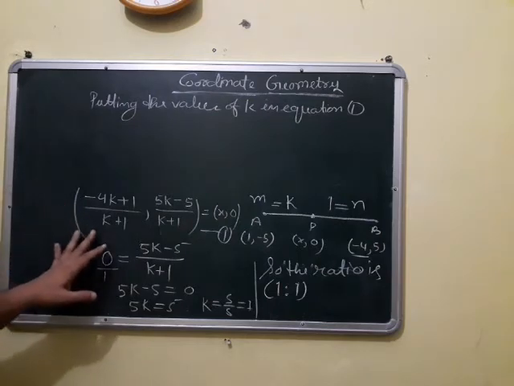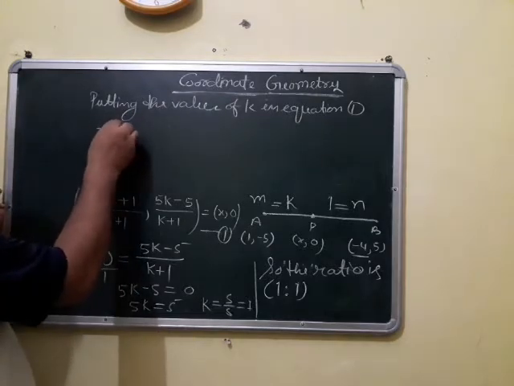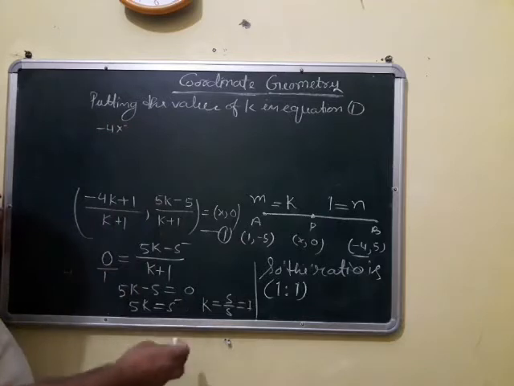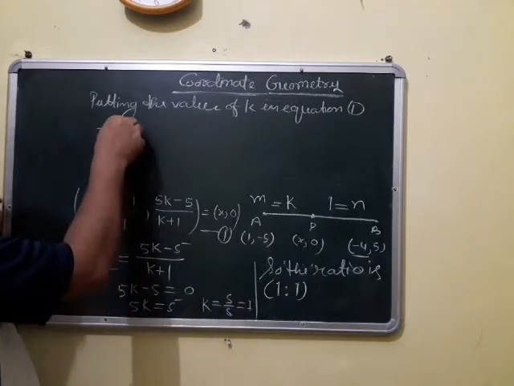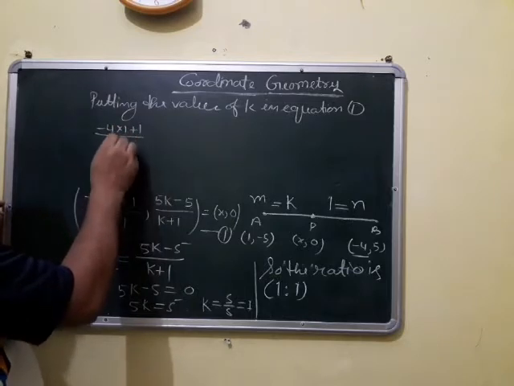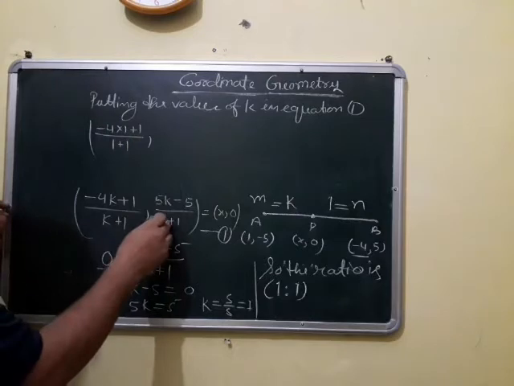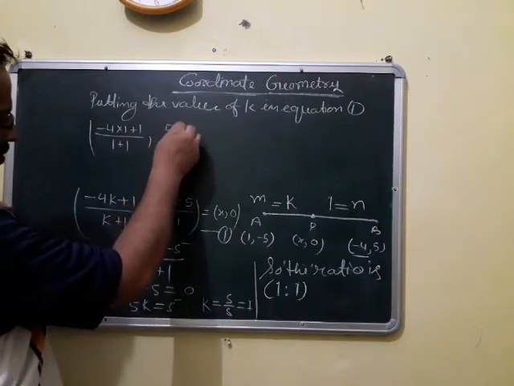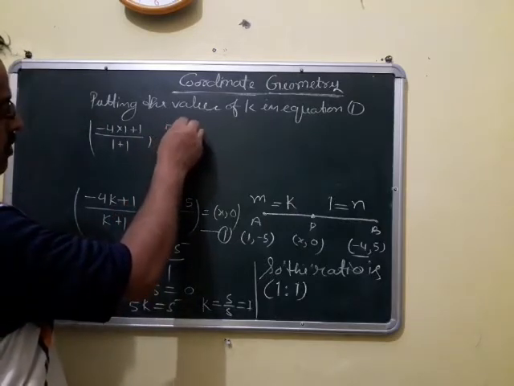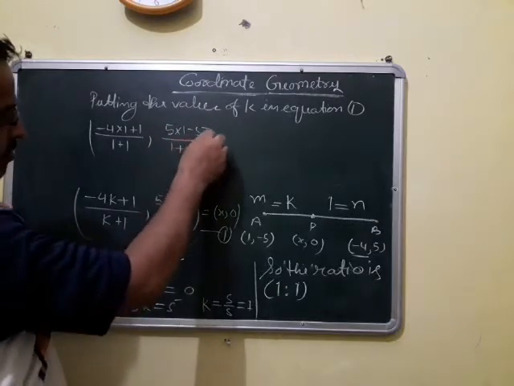So what do we get here? Now look here. Minus 4 into 1 plus 1, k's value is 1, upon 1 plus 1. And this is 5 into 1 minus 5, upon 1 plus 1.